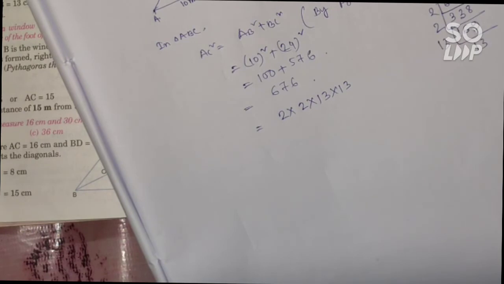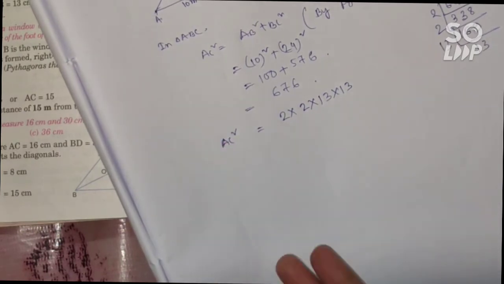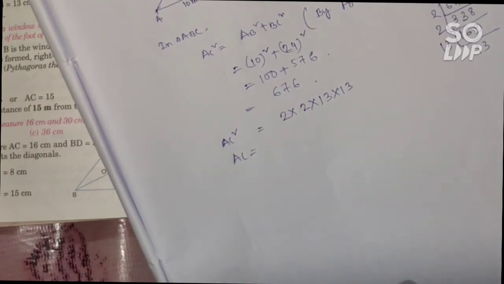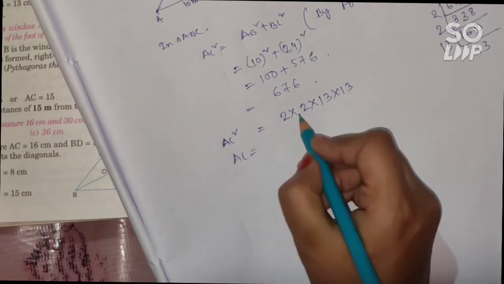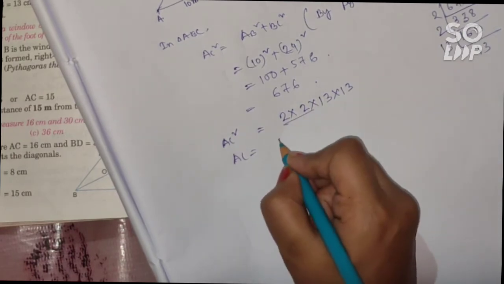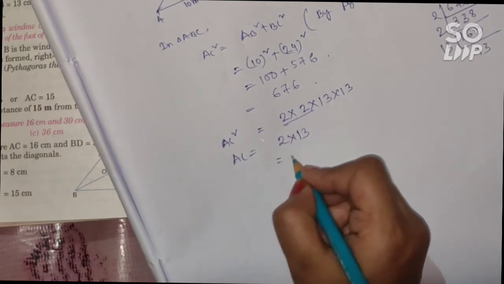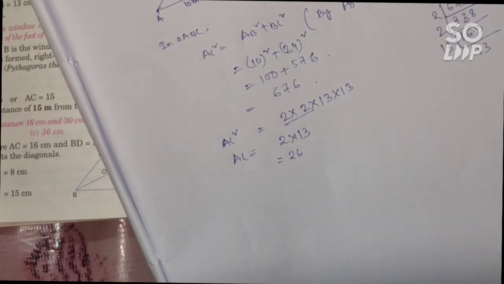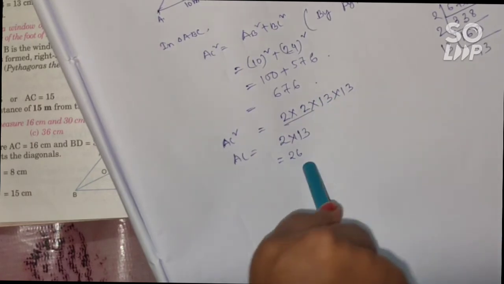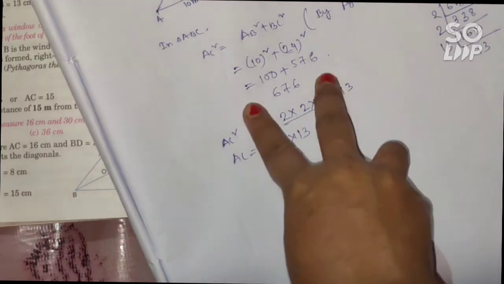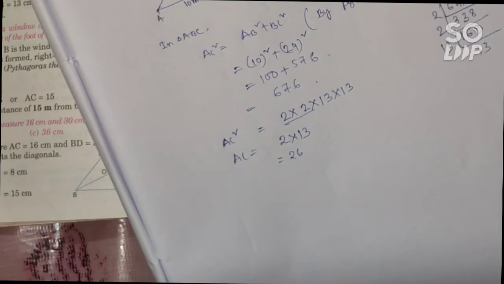Now when we find out AC from AC square, from each double pair we will take just one value. Because there is a pair of 2s, from the two 2s we will take one 2. There is a pair of 13s, from the two 13s we will take one 13. Okay, so 2 13s are 26. If you apply this process, then we can find the square root of any bigger value this way.